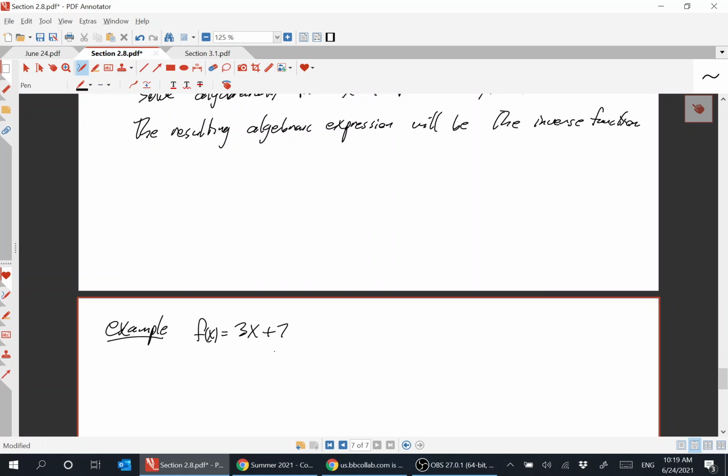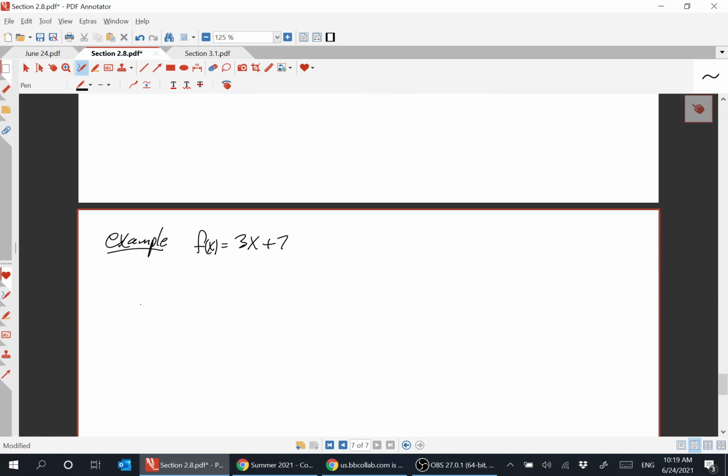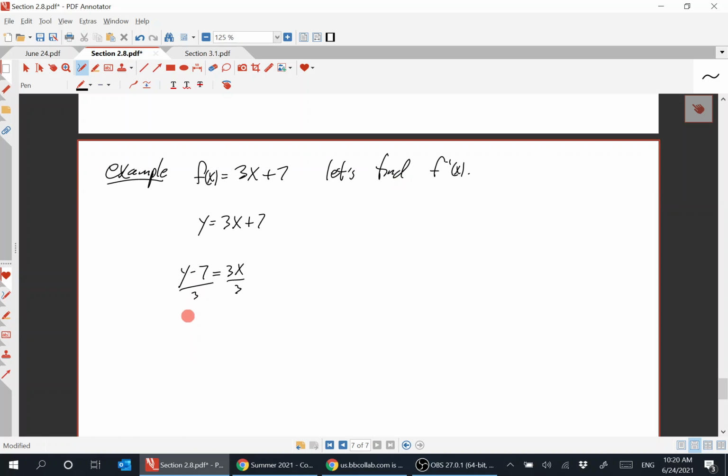Let's find the inverse. Well, you start with the equation y equals 3x plus 7, and then you solve for x in terms of y, which you can always do with a linear function. So y minus 7 is 3x. And then I can divide by 3 on both sides, and I get 1/3 y minus 7/3 equals x.